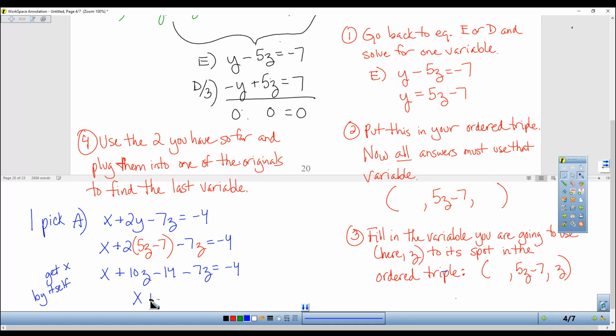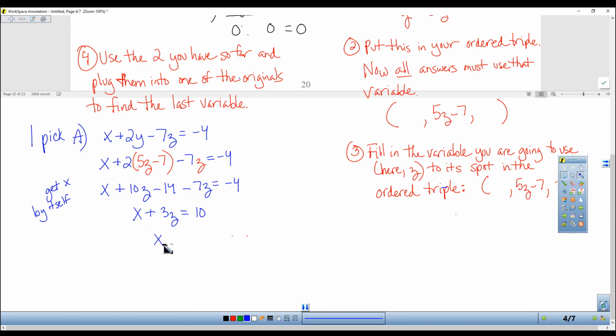I'm going to combine the z's in this step, and I'm going to add 14 to both sides in this step, because you're honors, and I think you can do more than one step at a time. And I get x equals minus 3z plus 10.